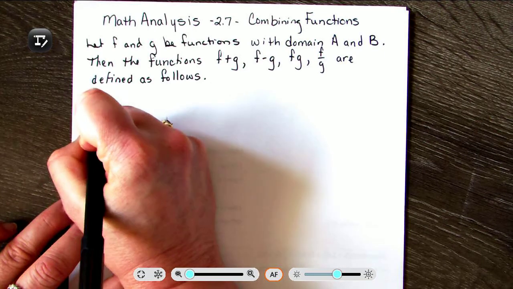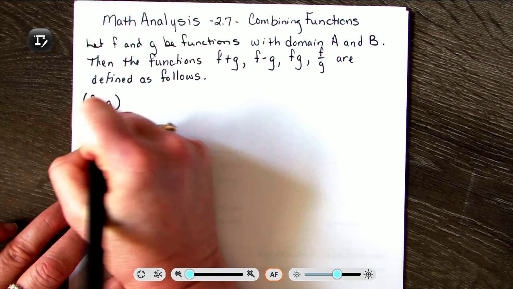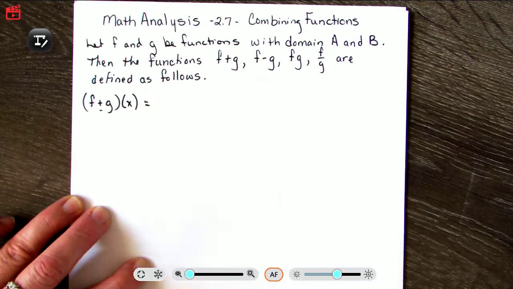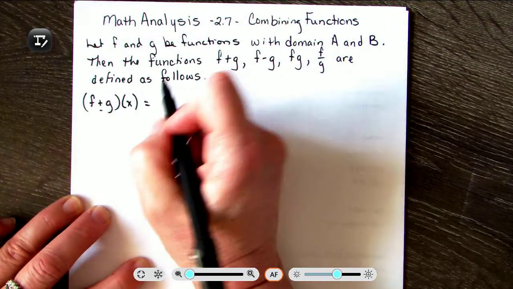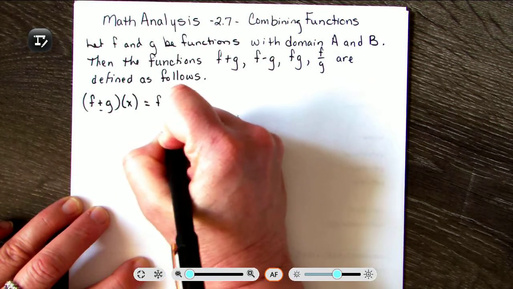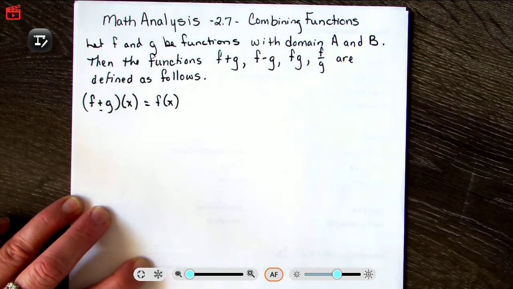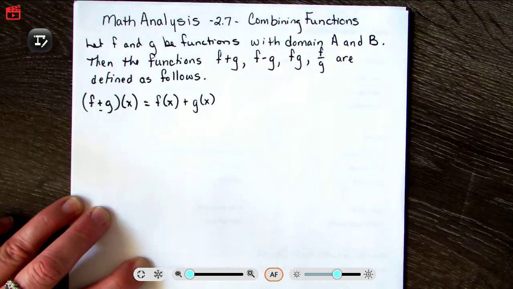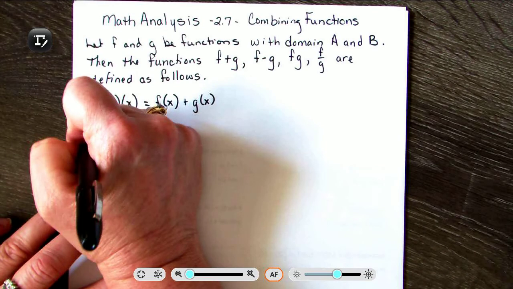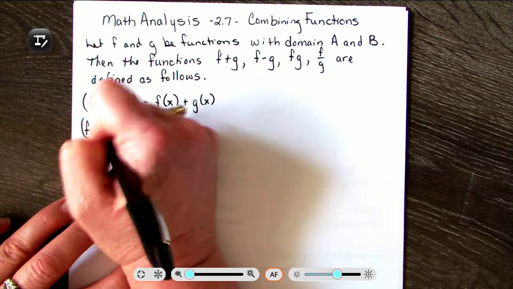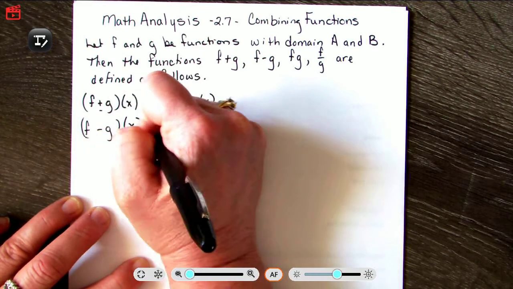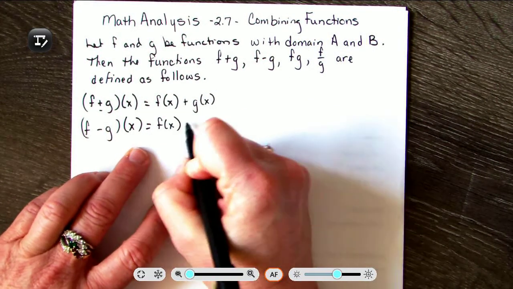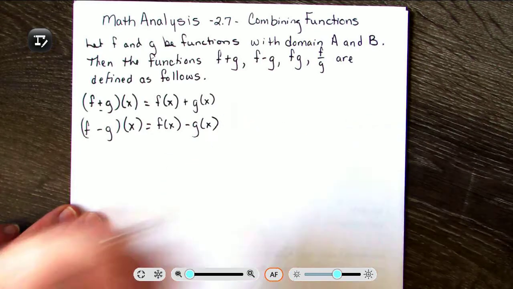So if you want to define this function that we're going to call f plus g, and it will apply to some x value, to come up with the formula, we'll take f of x and we will add g of x. If we are doing the subtraction, we would do f of x minus g of x.